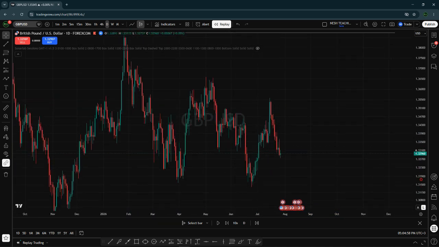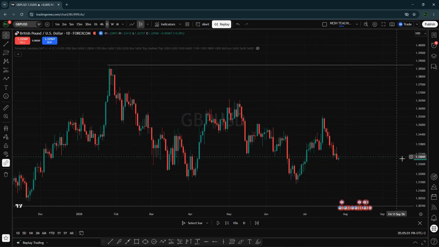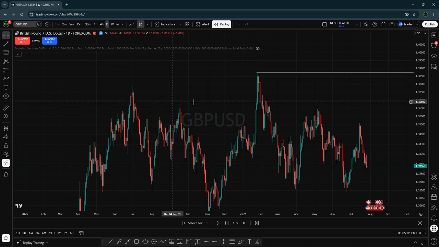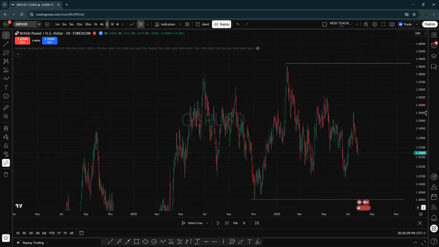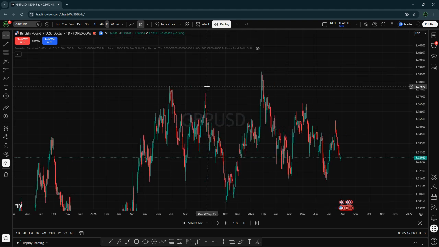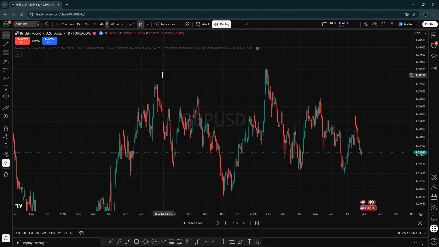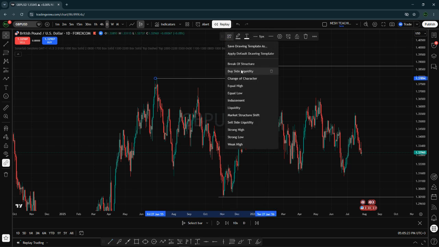Okay, and so now we are here, we need to look for market structure, where the market currently is. So this being the swing high, or if you want to go further, you can look to the left and see where the market broke structure. This point right here is where we have the break of structure.